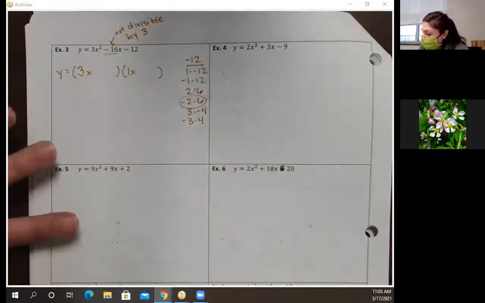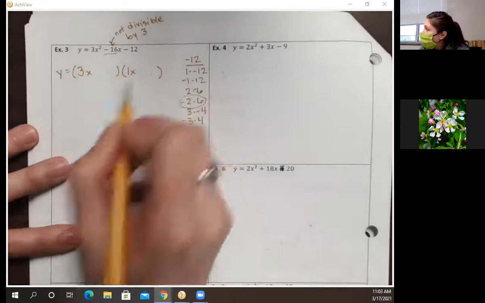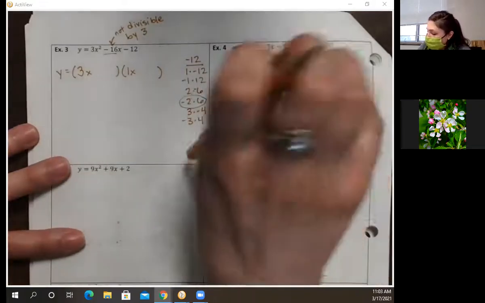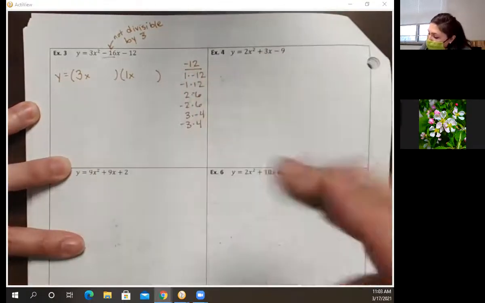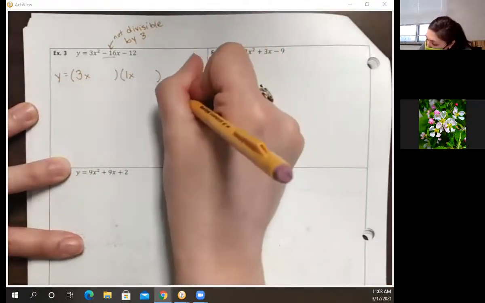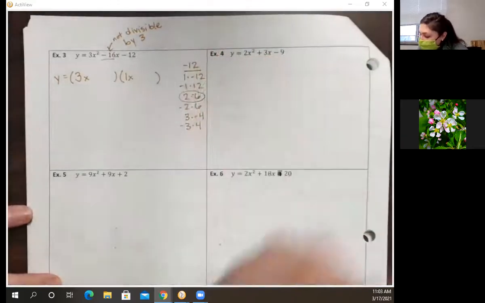Okay, so any strong preference on if the negative 2 goes here or here? We're switching it up. Okay, 2 and negative 6. And I want you guys to notice I switched to pencil here. I'm anticipating that at some point today, I'm going to try something that won't work. That's okay. So I'm using a pencil, so if it doesn't work, I can erase it.